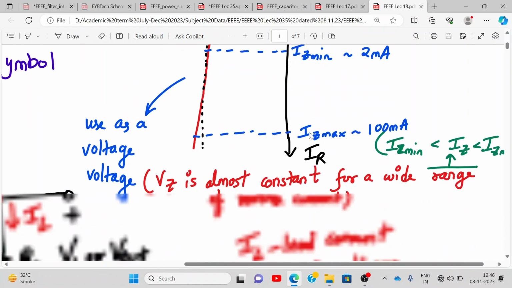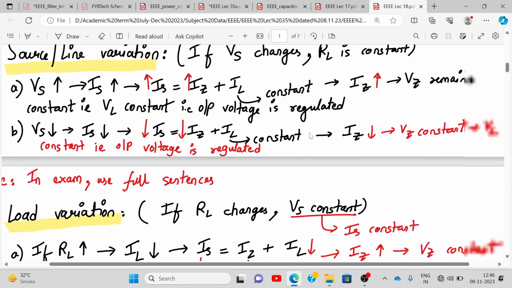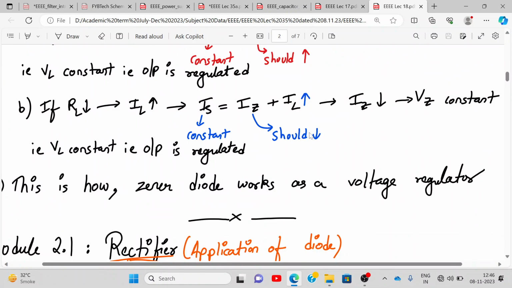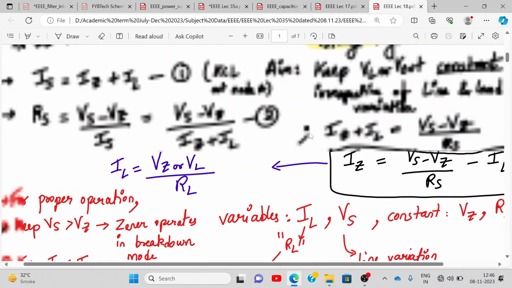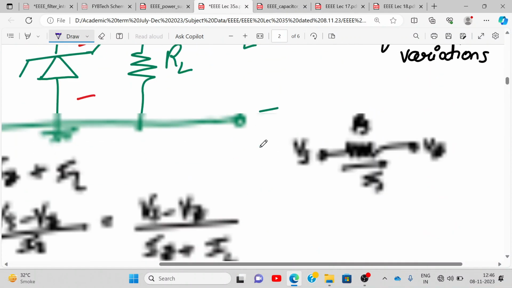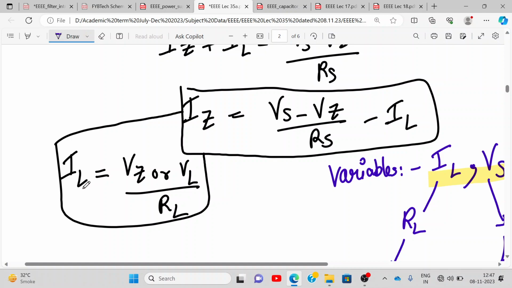I have the full document over here. Whatever I have said is written over here, so I have to explain this much only. Is that fine? I hope you have understood the Zener as a voltage regulator. They can ask you one numerical based on these equations, Iz and IL.